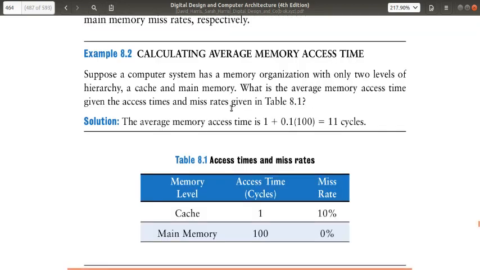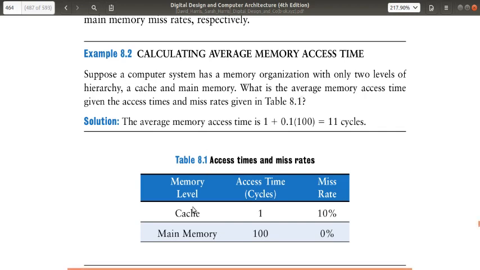So let's see an example for calculating the average memory access time. Suppose a computer system has a memory organization with only two levels of hierarchy, that is a cache and main memory. We are not considering virtual memory. What is the average memory access time given the access times and miss rates in table 8.1?